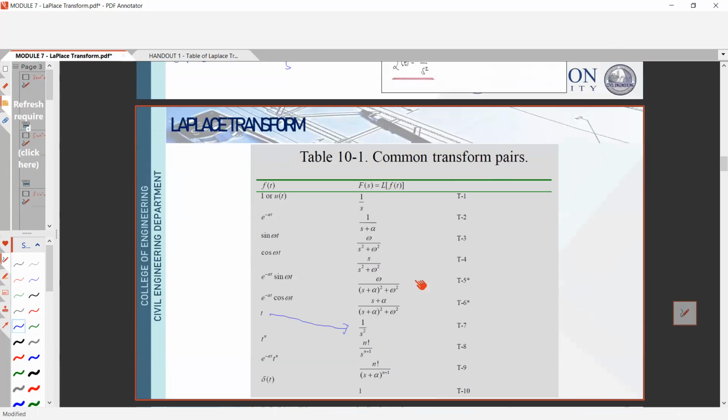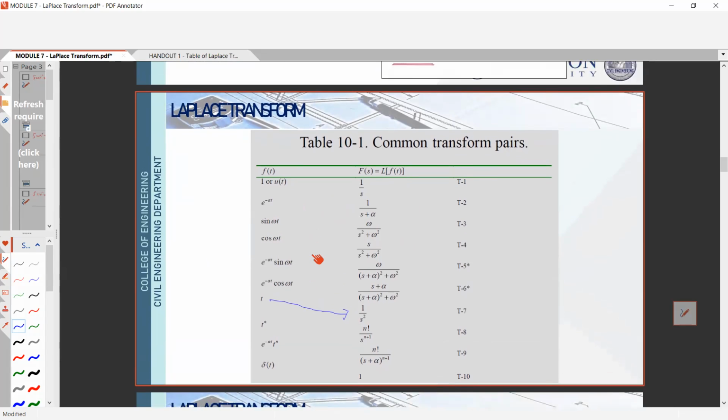Okay, so if we want to use this Laplace transform table, ang gagawin lang natin, class, kunwari we have a function, then we need to simplify the function into a recognizable function.